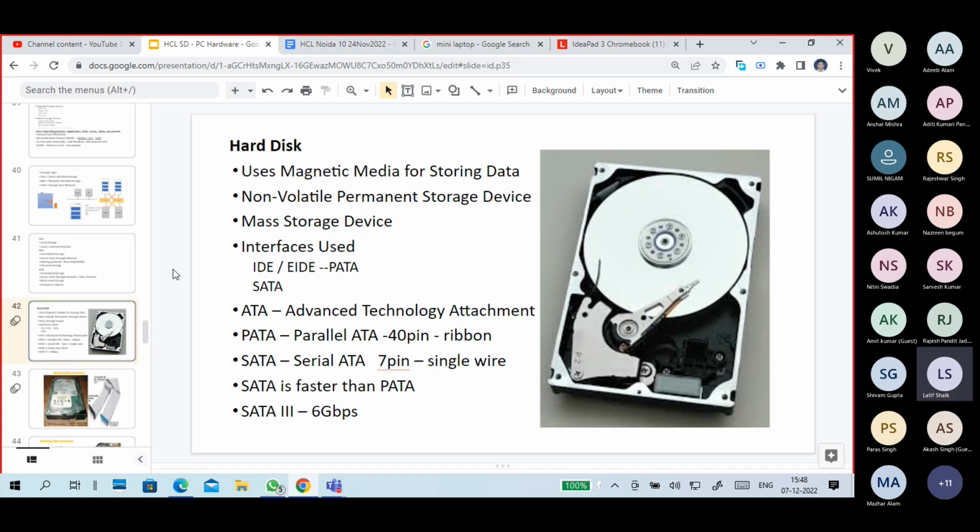These hard disks have different technologies. Earlier IDE, later this IDE developed as ATA, Advanced Technology Attachment. Okay. So a small confusion is always there when you are searching in Google: IDE separate, SATA separate, PATA separate sometimes.